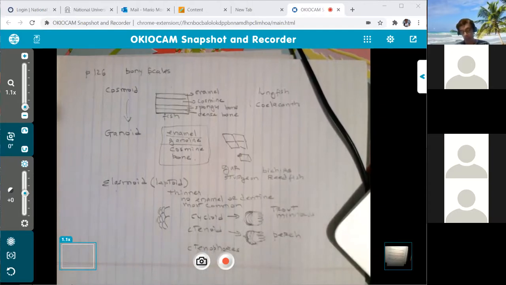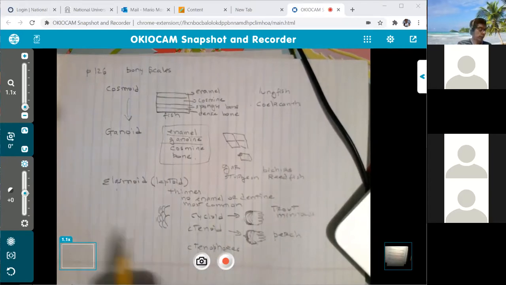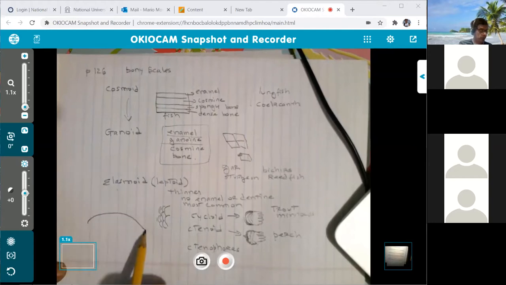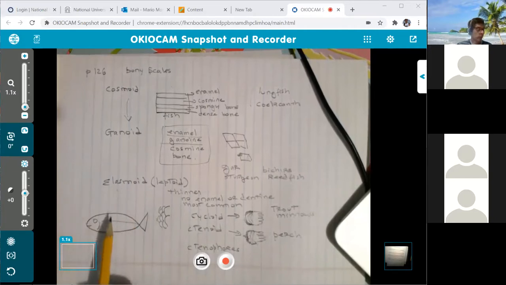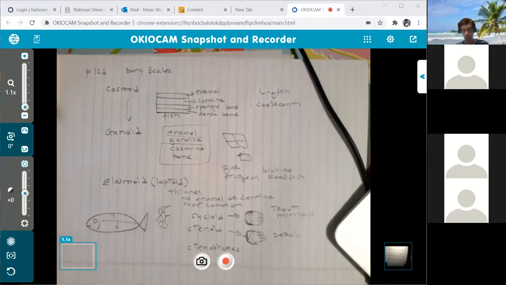But there are others that will have both, and remember we talked about the lateral line. Let me draw my fish. They have a lateral line. Usually that's what separates it: one type above it and another type below it.